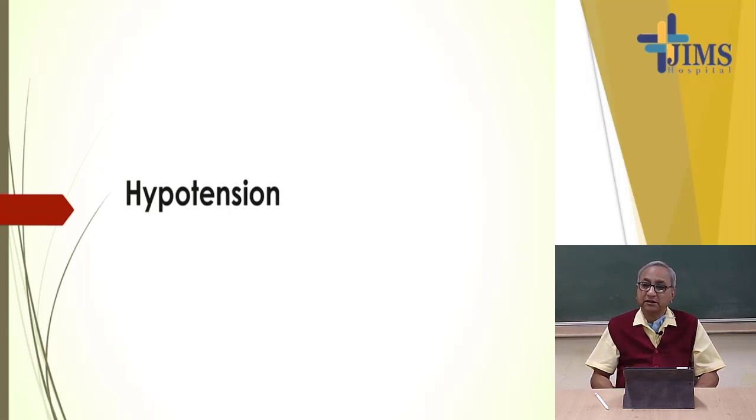Coming to the second topic, which is hypotension. It has nothing much to do except for its overlap with hypoxia. By definition, hypotension is a decrease in systemic blood pressure below acceptable low values.